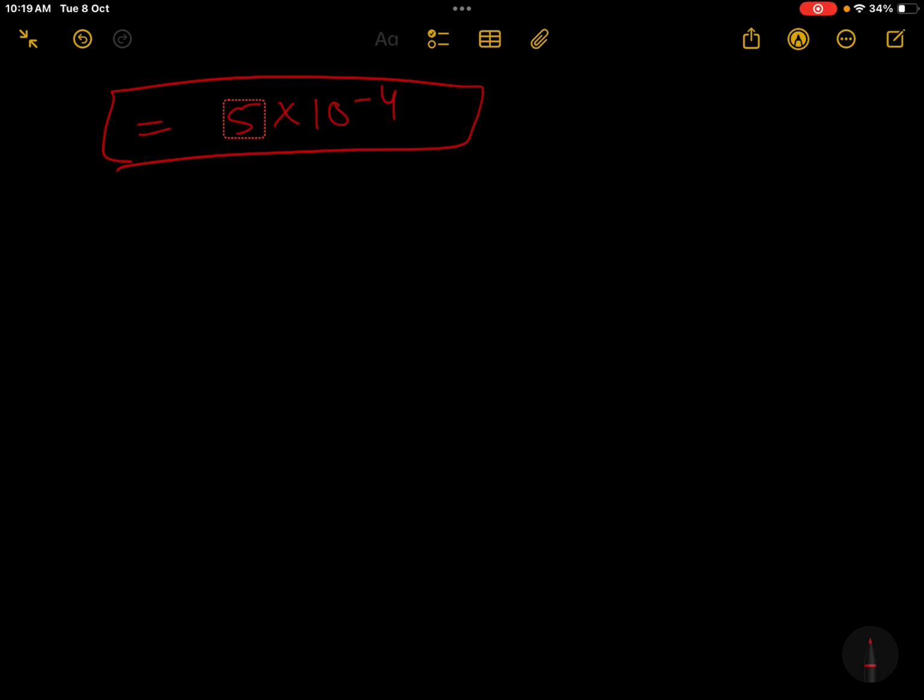Another example I am trying, that is 10 power minus 4.65. Simply write 4 plus 1, what? 5. So 10 power minus 5, 100 minus 65 into 10 power 0.35.